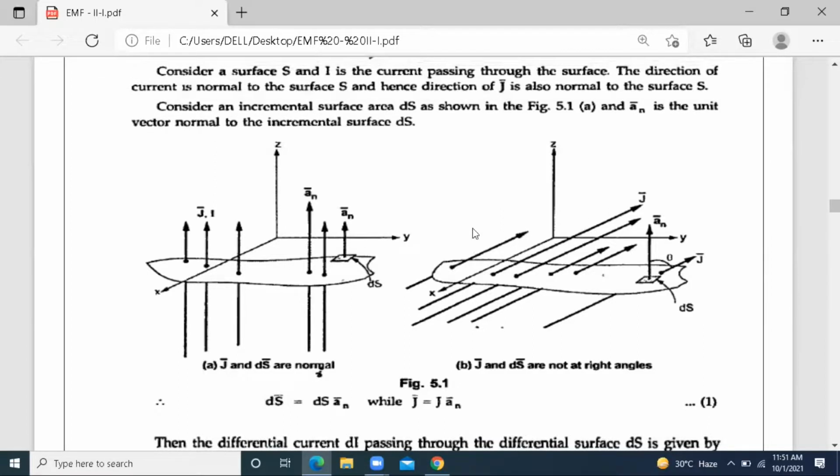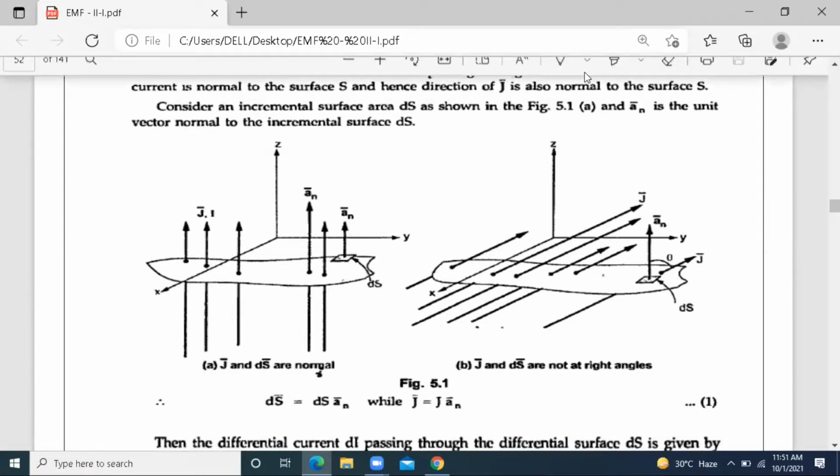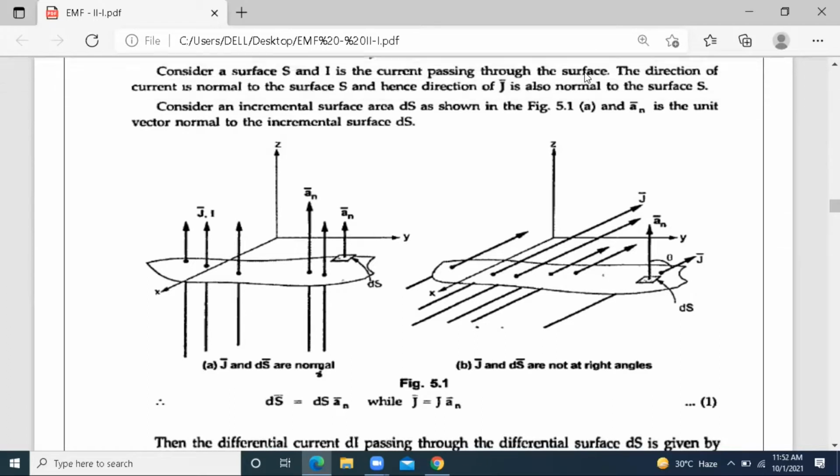This is J, right? Yes, sir. So we're going to resolve it into a normal component and a tangential component, right?